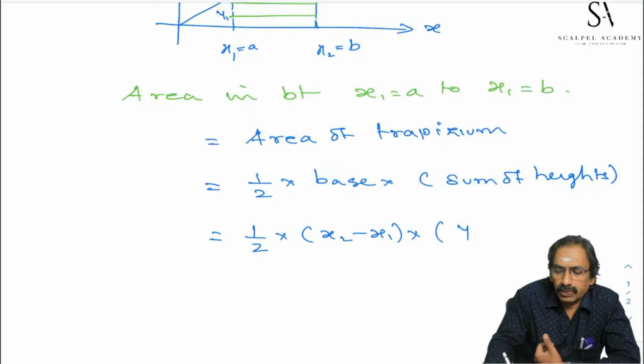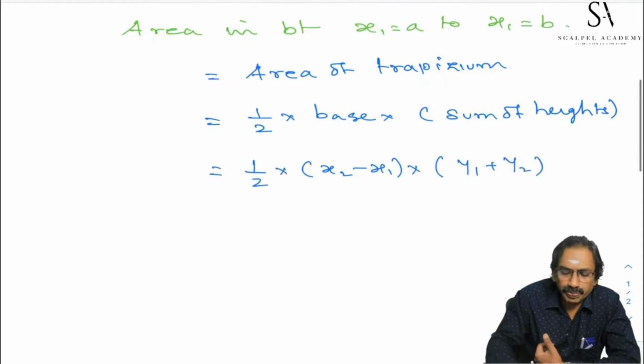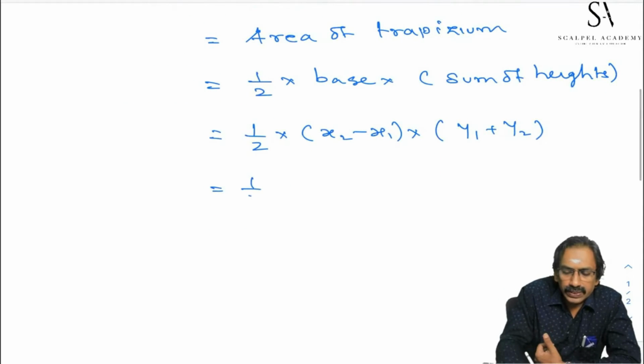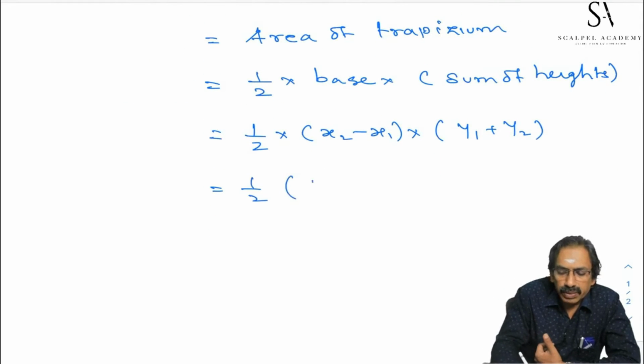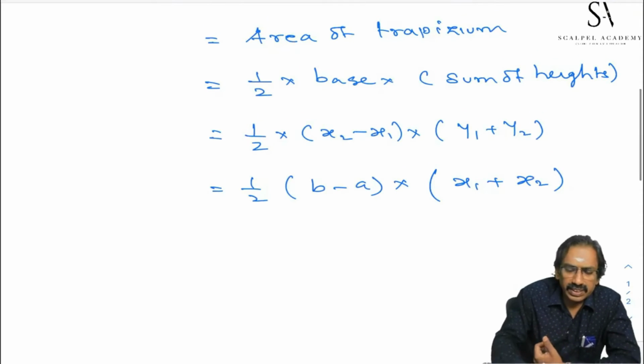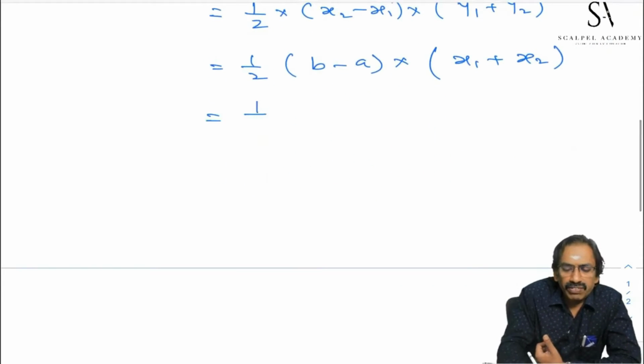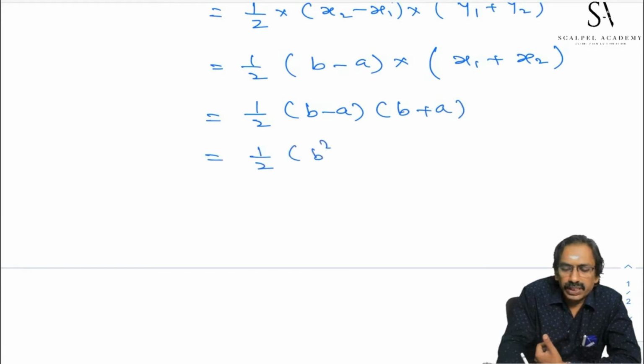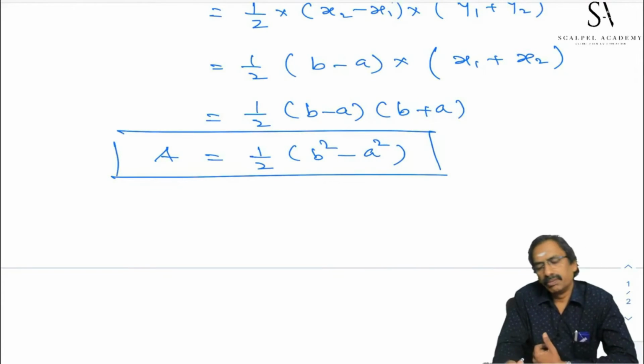Sum of heights, y1 plus y2. What is x2? x2 is b, x1 is a. y1 is equal to x1, y2 is equal to x2, because y is equal to x in our sum. That is half into (b minus a) into (b plus a), that is equal to half (b square minus a square).